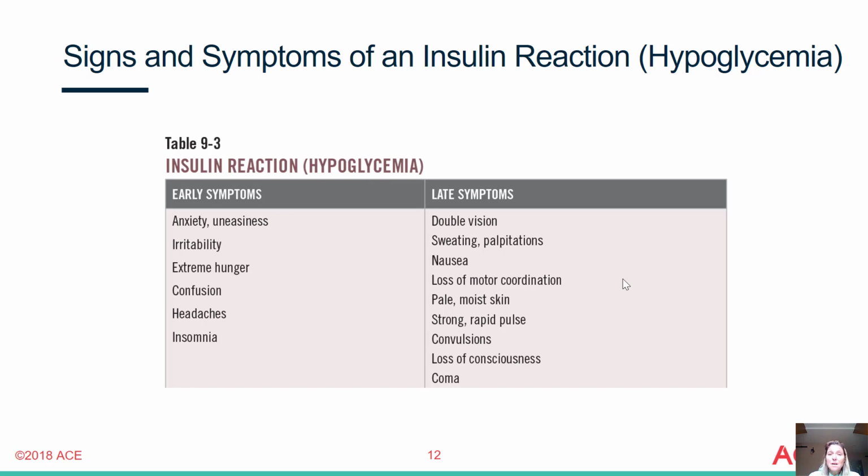Late symptoms, the long-term consequences of constantly having this lower blood sugar, are a little more detrimental. So double vision, right? It starts to impact a person's eyesight. It starts to impact their kidneys. It starts to impact their nerves. It can lead to heart disease over time. So lots of negative things come with the long-term result of diabetes.